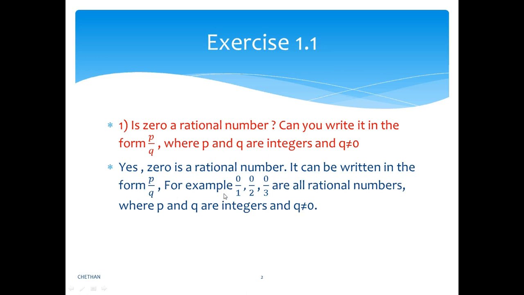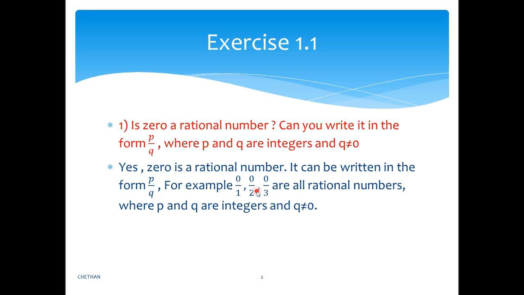For example, 0, 0 by 1, 0 by 2, 0 by 3. Here the numerator 0 is p and the 1 is q. It is in the form of p by q, that means a fraction. Here 0 by 2 is also in the form of p by q, and 0 by 3 is also in the form of p by q. 0 by 1, its value is 0. 0 by 2, its value is 0. 0 by anything, we will get 0 only.